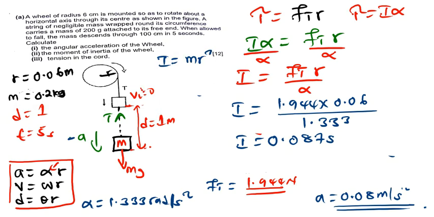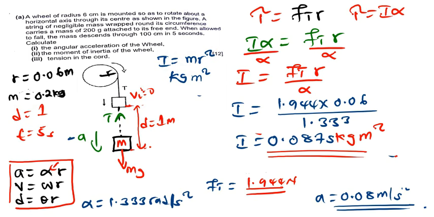So mass is kgs, the radius is in meter, but it is now squared, so it is kg m squared. So this is my moment of inertia.